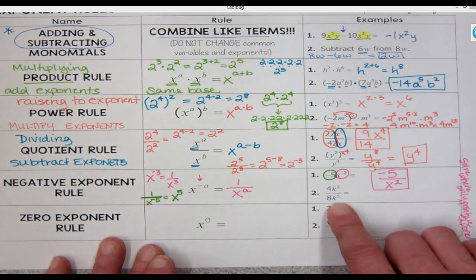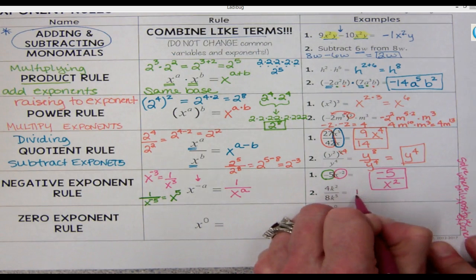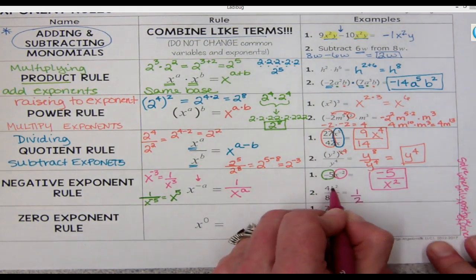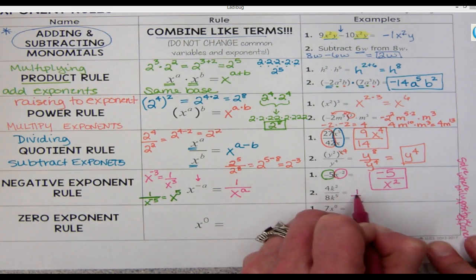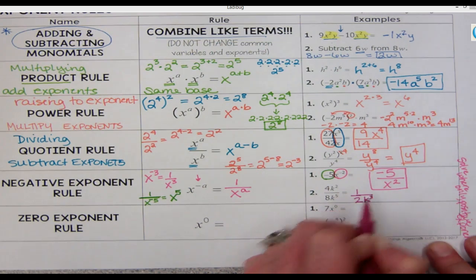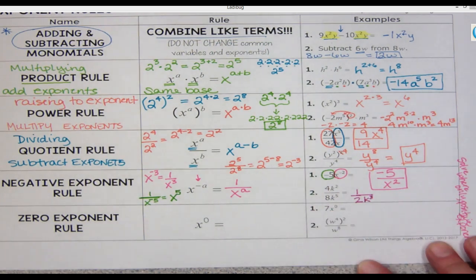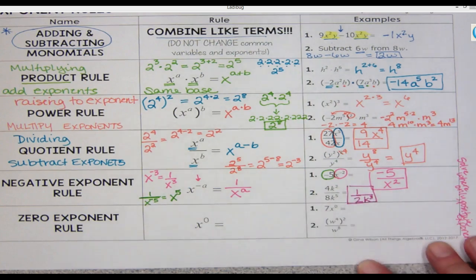All right, so here we've got this situation. 4 divided by 8 is 1/2. K squared divided by k to the 5th. They duke it out. The bigger k is going to win. And there's going to be 3 left over. So there is my answer. Okay.